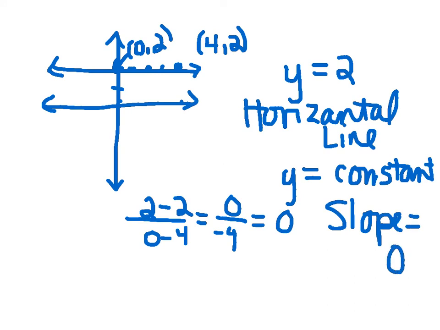Those are horizontal lines. It's a little bit hard to remember this, but it's the y constant that's always the same, because you're always going up the same amount to get to that. I can also have vertical lines.